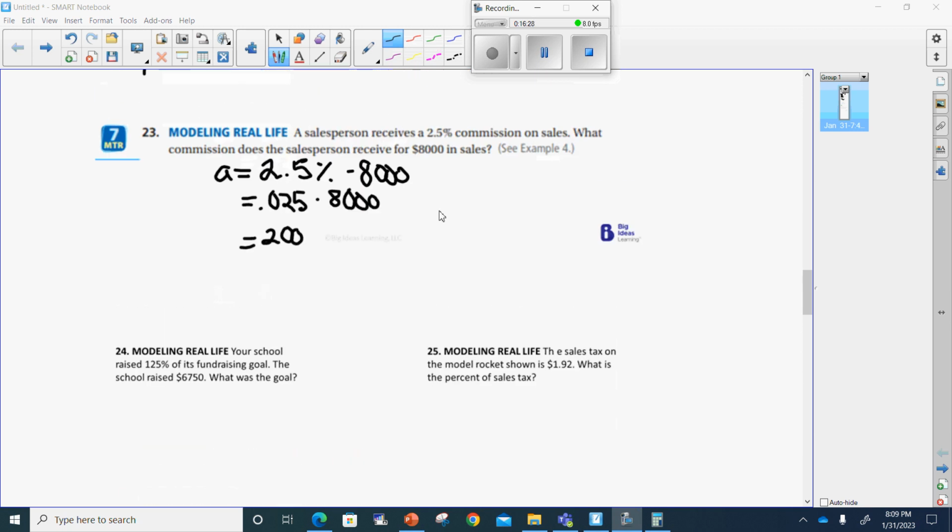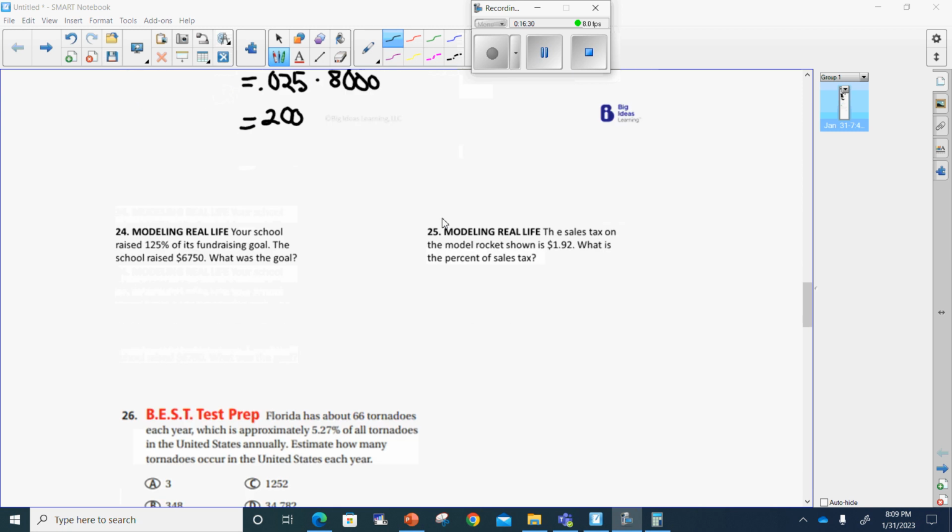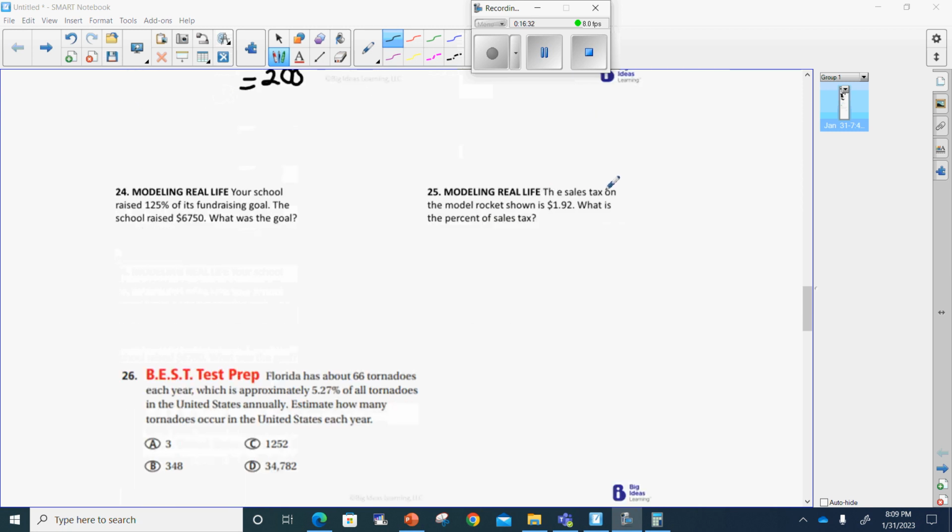Let's see, we're going on to number 25. It says the sales tax on the model rocket shown is $1.92. What is the percent of sales tax? Okay, it says shown, so I'm going to have to find a picture of that rocket and bring it over.